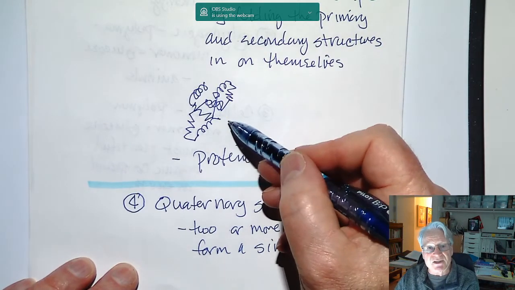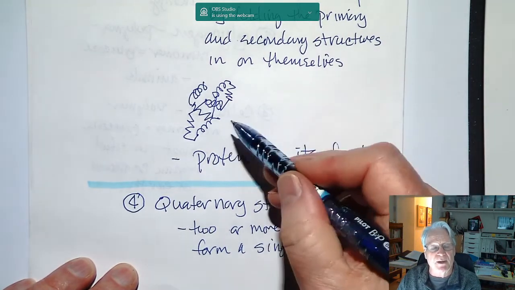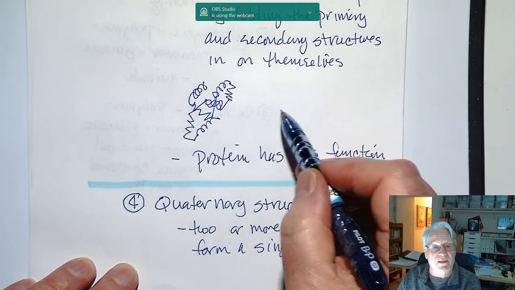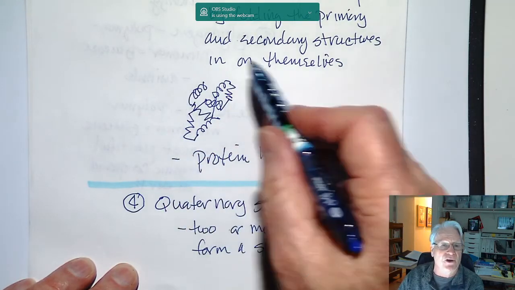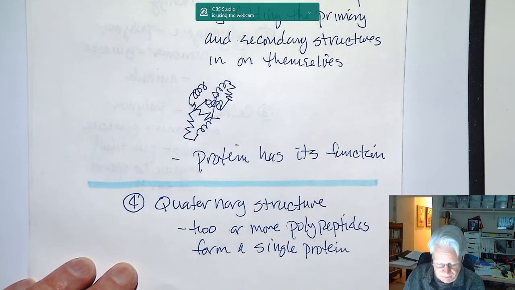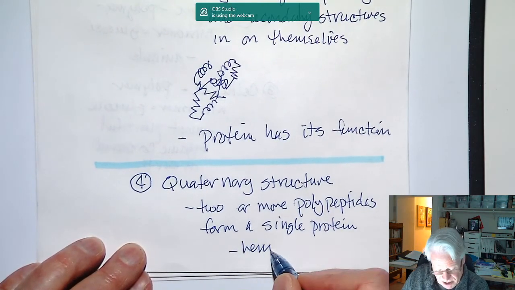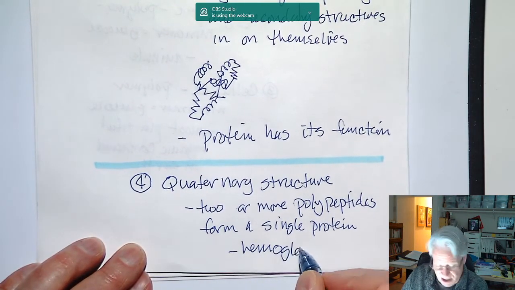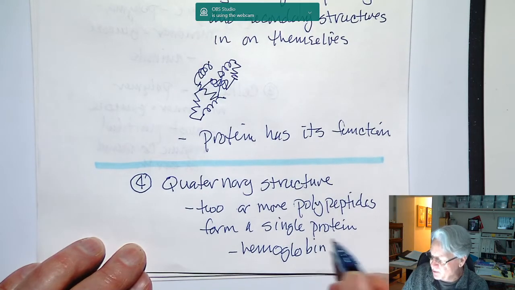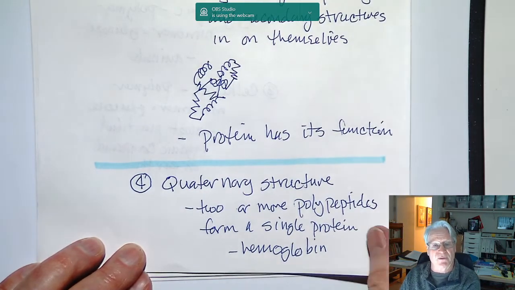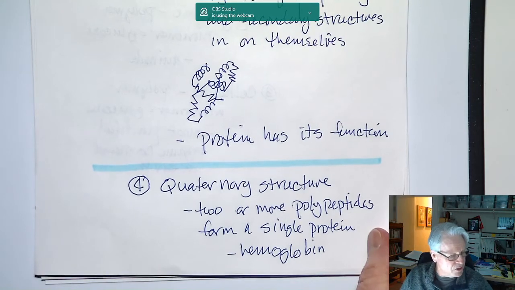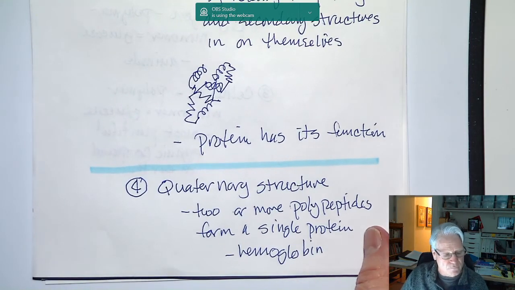So we're going to get this plus another one, or maybe even up to 4 or more, combined together to create one very large complex structure. Okay? And an example of that would be hemoglobin. And it just so happens that I have a nice little image that will help us understand this fourth level of complexity. So let's turn to that right now and take a look at that.